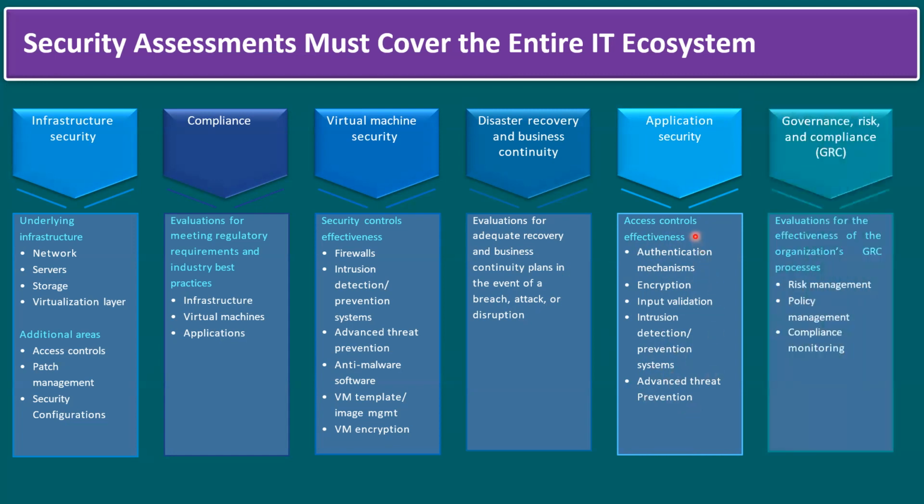These items must all be covered. And the GRC, that means governance, risk, and compliance: evaluations for the effectiveness of the organization's GRC process, risk management, policy management, and compliance monitoring. So these are all the security assessments we must cover within our IT environment.